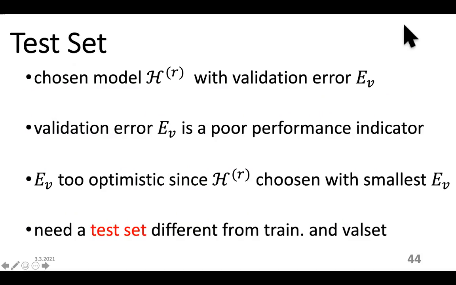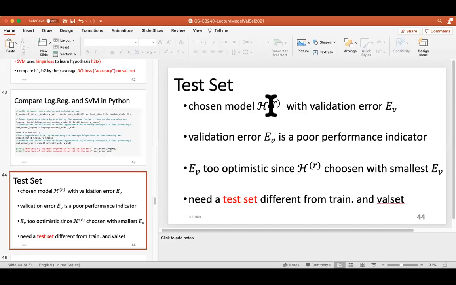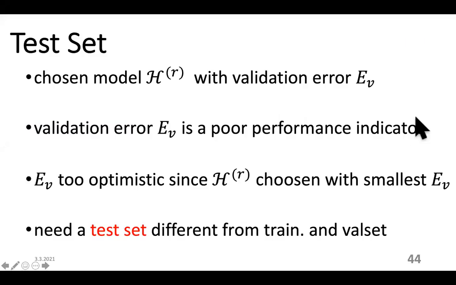Okay, so we already touched the notion of test set when answering the questions. What is the test set? Well, if you choose a model based on the validation error, then the validation error is not a good indicator for the performance of the resulting hypothesis.